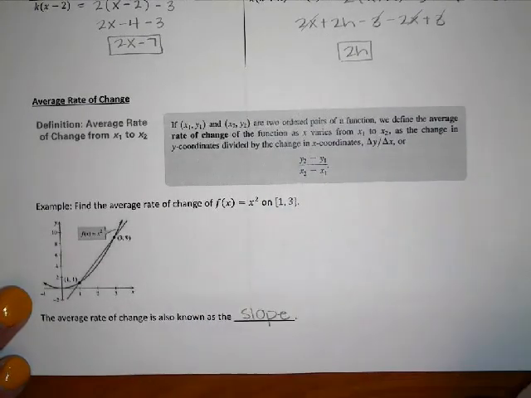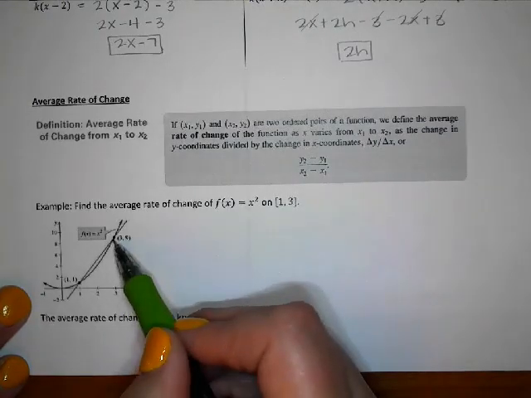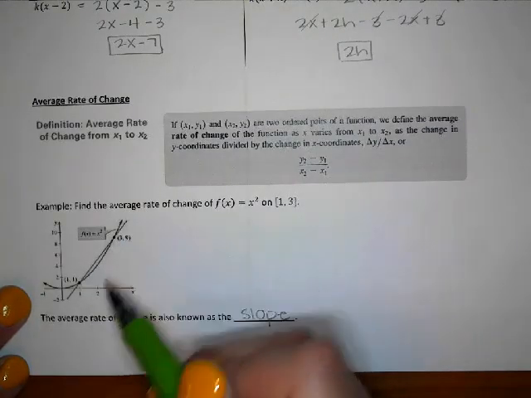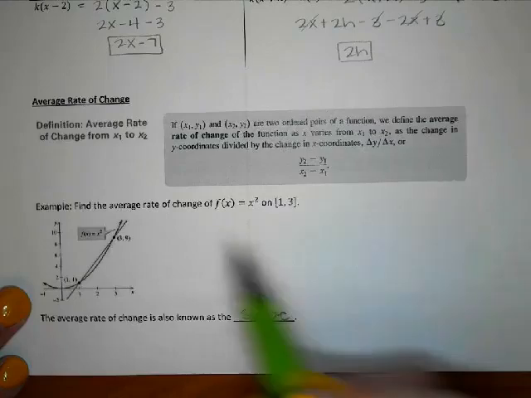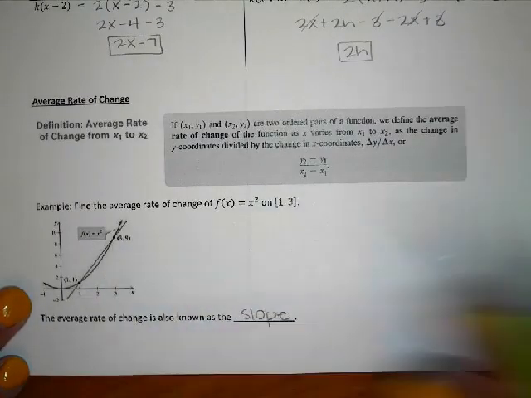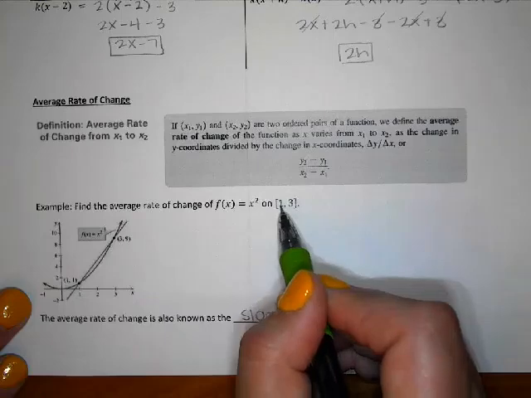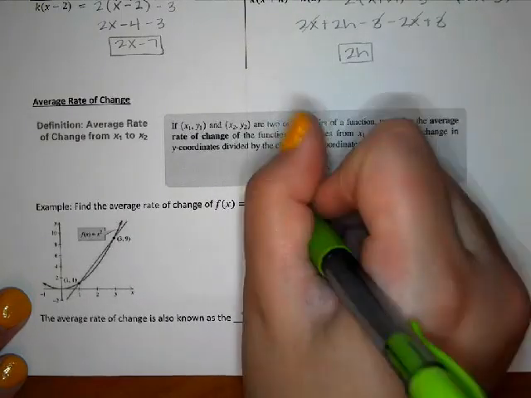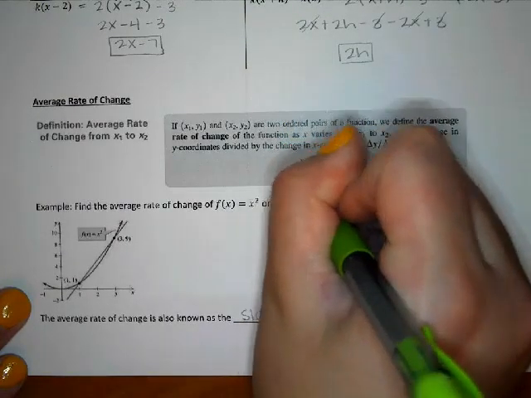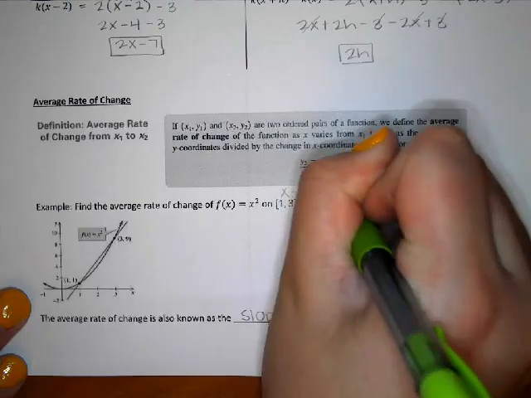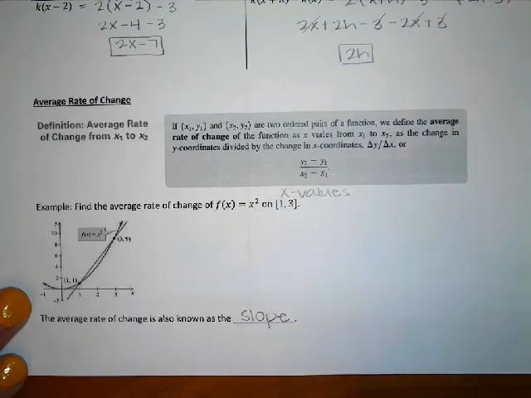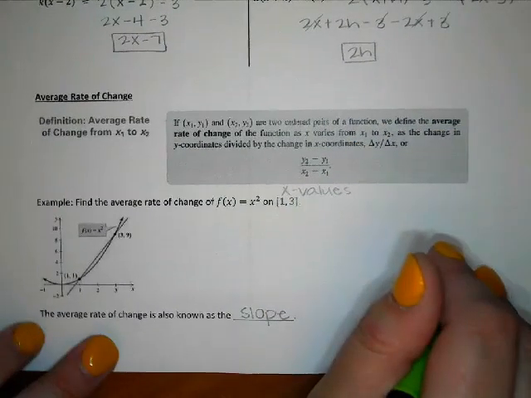So in the past we've looked at slope of a straight line. Now we're looking at the approximate slope of a curved line by just finding the average rate of change of 2 points on that line. So if we want the average rate of change on 1, 3, these are x values. They're saying starting at x equals 1 to x equals 3, what's the average rate of change?